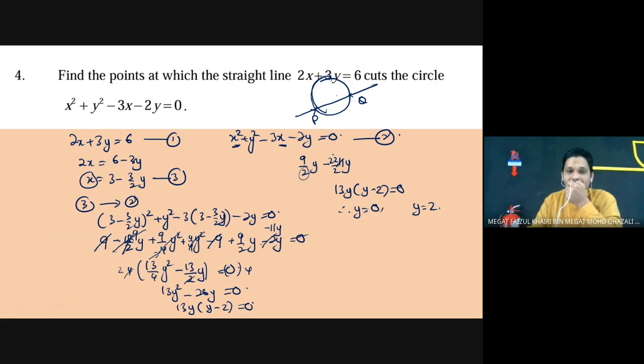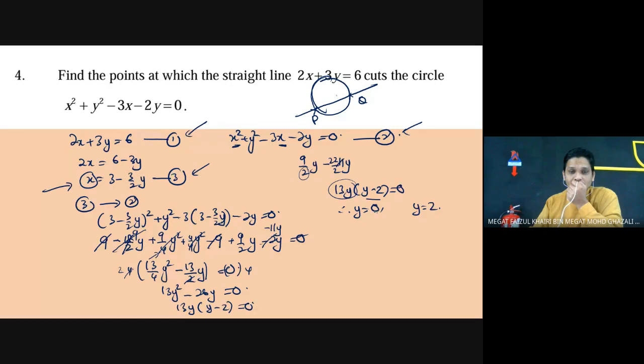Okay. This one, 13y equal to 0, y equal to 0, y minus 2 equal to 0, y equal to 2. So we substitute, okay, we need to find the value of x because coordinate is a pairing of x and y. So when y equal to 0, you may use equation 1 or equation 2 or equation 3. But I prefer with equation 3 here.